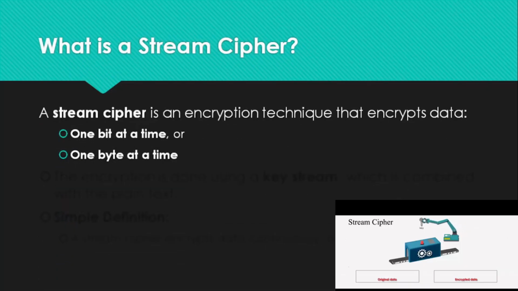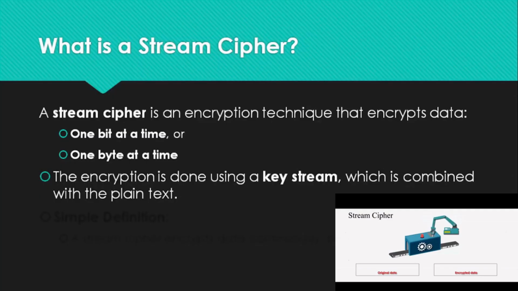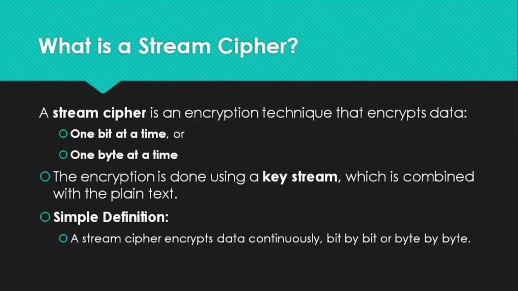A stream cipher is an encryption technique in which data is encrypted one bit or one byte at a time. It uses a key stream which is combined with the plain text to generate the ciphertext. Because the encryption happens continuously, stream ciphers are known for their high speed and efficiency.